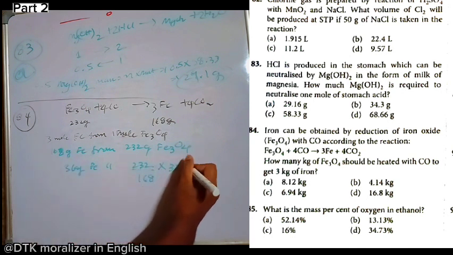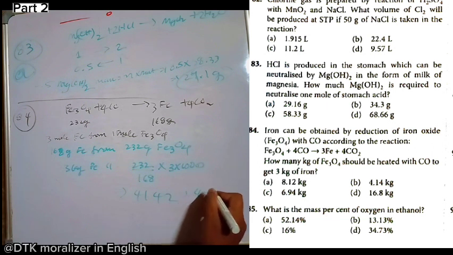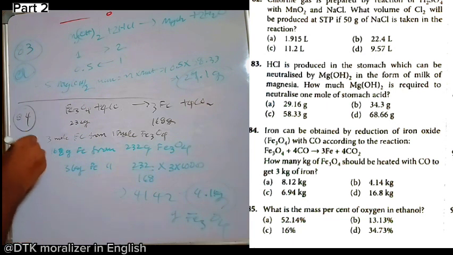For 168 grams of iron from 232 grams of Fe3O4, for 3 kg it is 232 by 168 into 3 into 1000, which is equal to 4.142. Sorry, which is equal to 4.1 kg. So here option B is right.